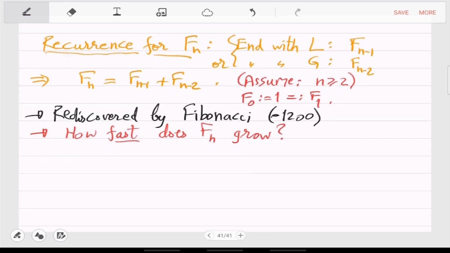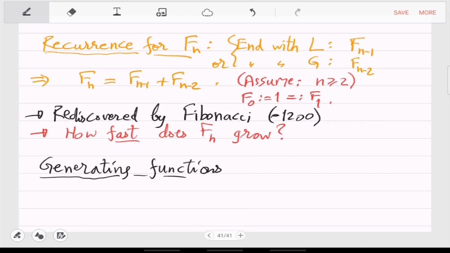Now you can see here, if you didn't have experience about this Fn, then from the recurrence you don't learn much about the actual function Fn as a function of n.